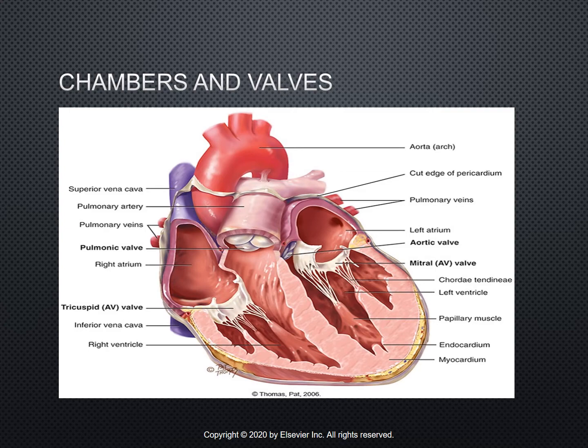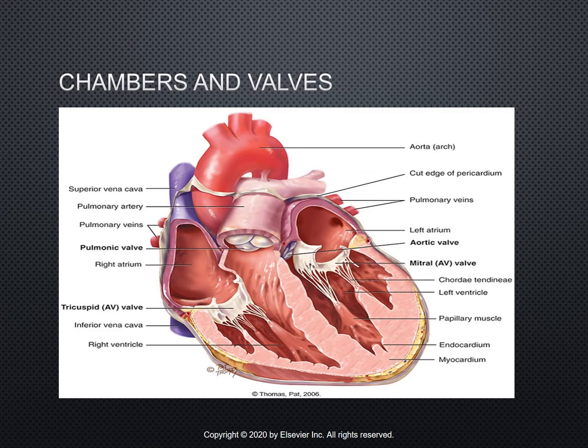Now remember, it's the heart's left side, not our left side. So on the heart's left side is the left AV valve, which is the mitral valve. And on the right side of the heart is the tricuspid valve. Okay, so two AV valves, the tricuspid and the mitral valve.